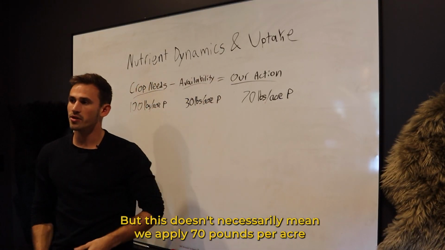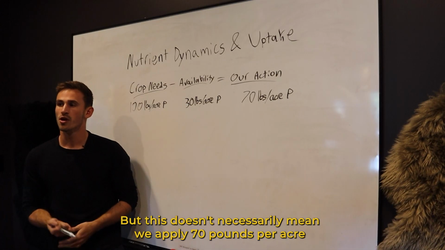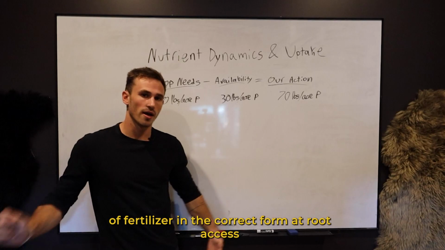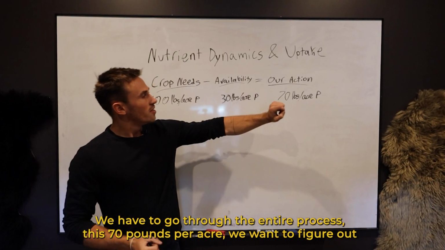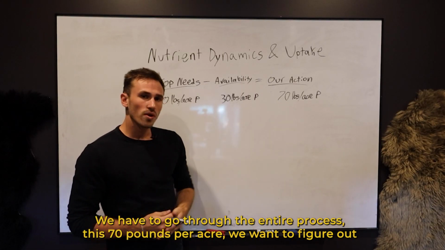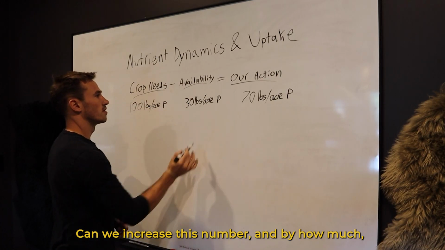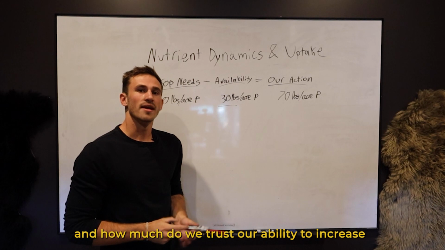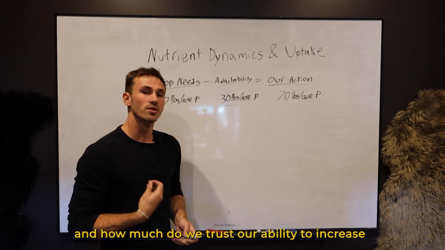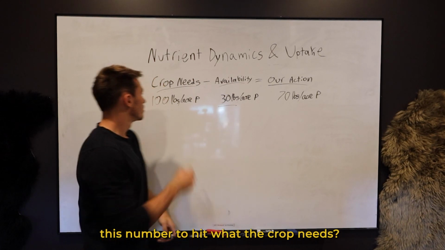But this doesn't necessarily mean we apply 70 pounds per acre of fertilizer in the correct form at root access, right? We have to go through that entire process. This 70 pounds per acre, we want to figure out, can we increase this number? And by how much? And how much do we trust our ability to increase this number to hit what the crop needs?